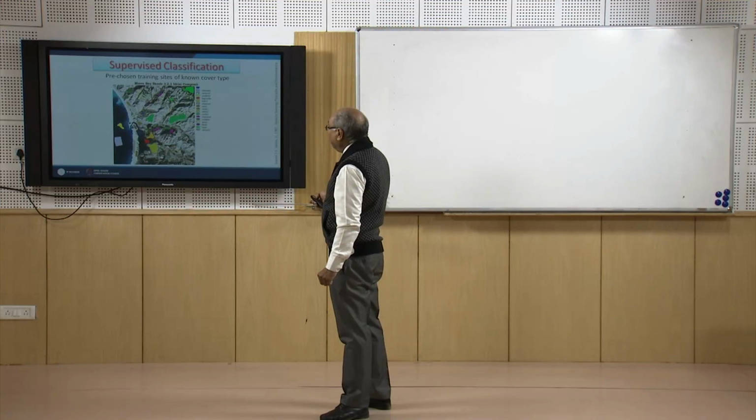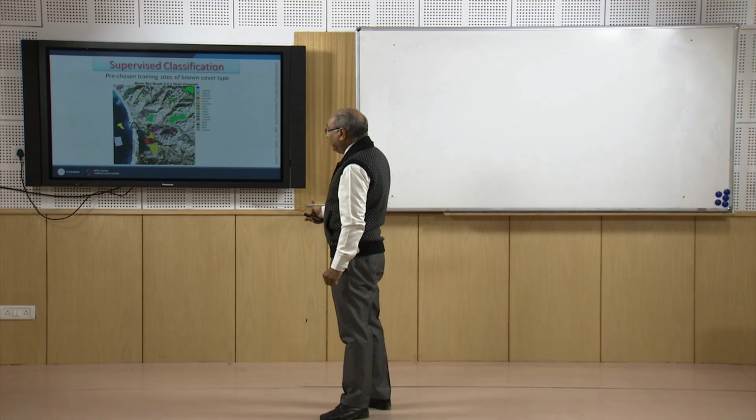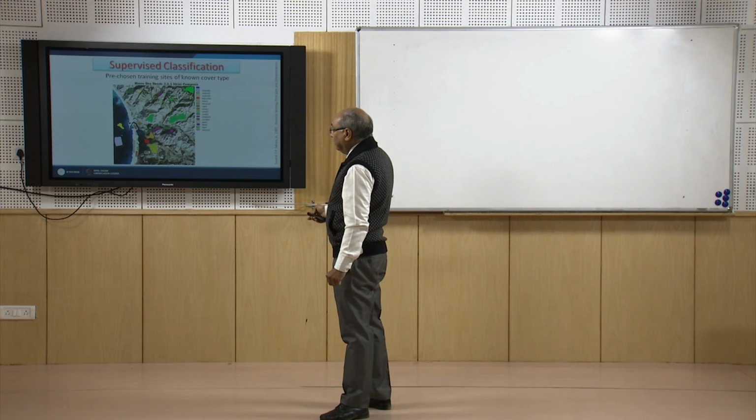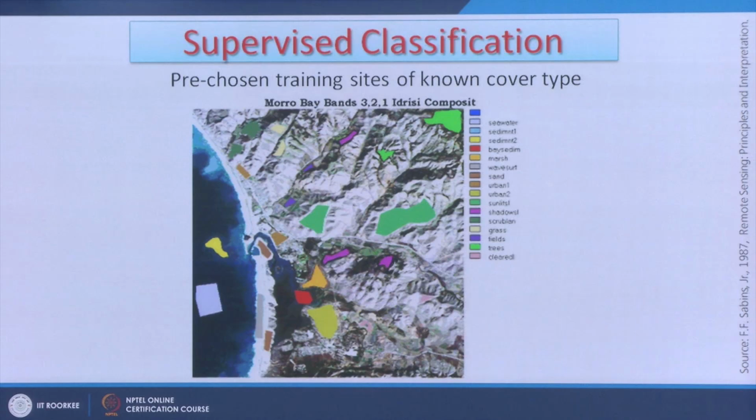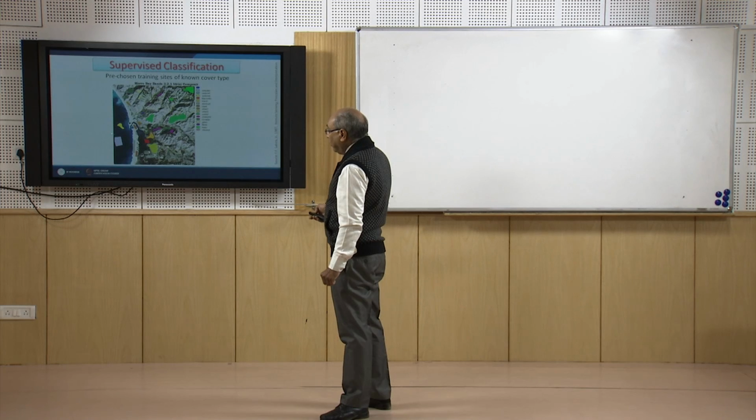Similarly for water bodies or sea water, for this area it is found that okay, this is a good training set for the water or sea water. So wherever the spectral characteristics match within this image, that entire area will be classified as sea water. Maybe for sediments, different types of concentration of sediments which are visible can be classified, urban areas and so on and so forth.